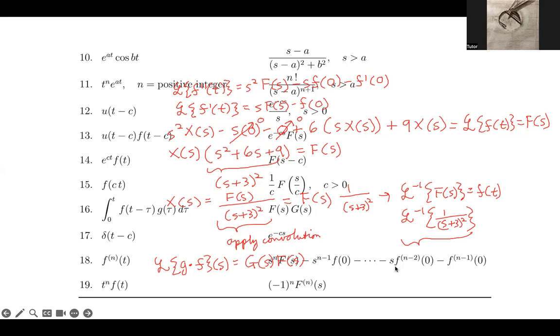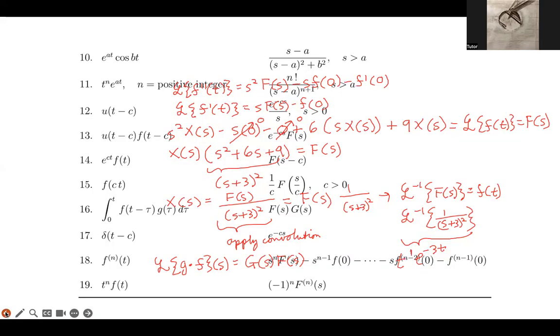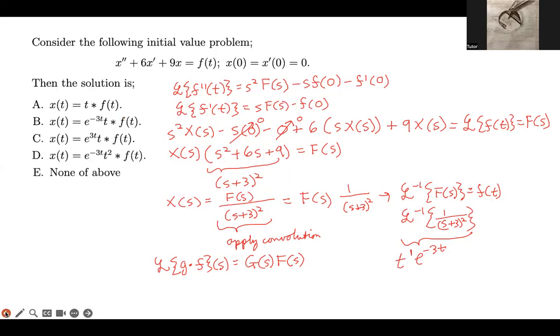So this means that the inverse Laplace is t to the power of 1 times e to the -3t. There we go. So we find that it's equal to t to the power of 1 times e to the -3t.